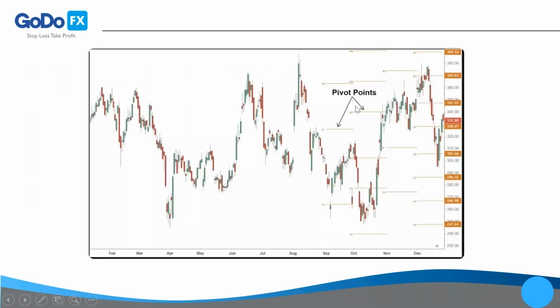So here, as we can see on this graph, we have the months February, March, April, May, June until December. So this is basically yearly. And we can see the pivot points standard by P. As we can see here, P is the pivot point where the market closed lately. And then, as we said, people buy anything above the pivot point.